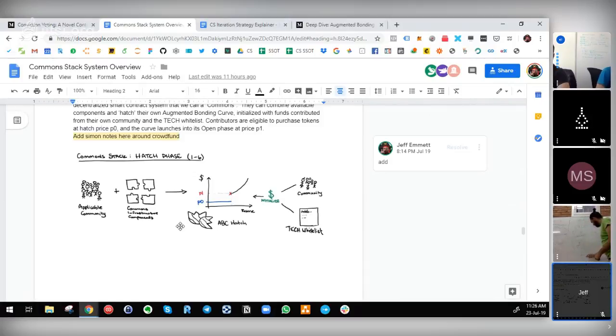People complain about Ponzi schemes because they see this bending upwards. But what's important is that we're going to draw another curve which has reserve on the x-axis. So we're going to have two different plots, and both of these are in our demos, so they can be pulled up.